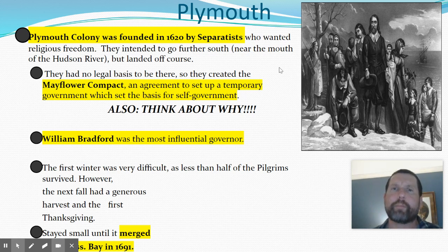Those separatist Puritans of Plymouth broke away and wanted to break away. They wanted to separate from the Anglican Church, the Church of England, and they want to get out from under the thumb of that control, the control from the English throne, as well as the church itself.